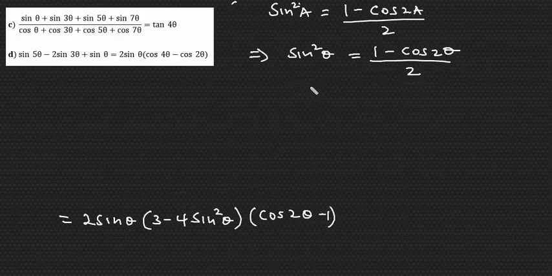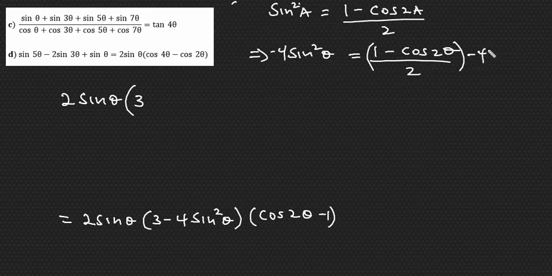So if we put a negative 4 on both sides, we are going to have, let us see, 2 sine theta, then this bracket here where there is a 3. Now negative 2 sine squared, what are we going to have?